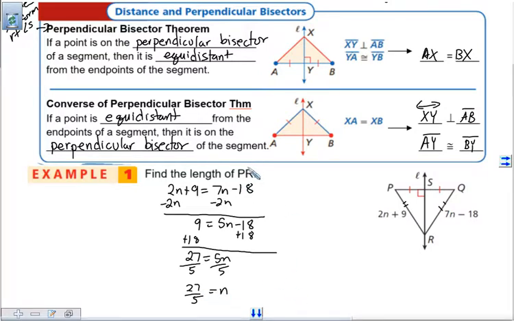Then we need to find the length of PR. So we need to substitute.